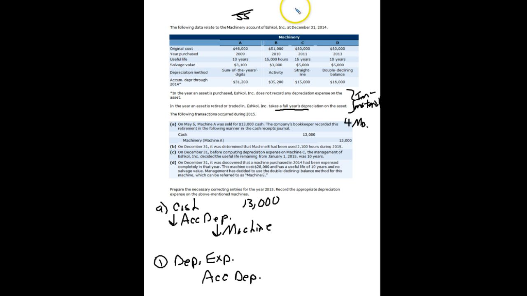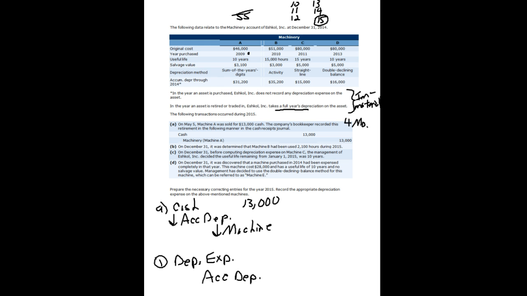And then we've got to figure out, how many years have gone by. Well, they purchased it in 2009, and they do not record any depreciation in the year of acquisition. So the years they would have recorded depreciation would be 10, 11, 12, 13, and 14. So 5 years have gone by. Here we are in 15, or the 6th year.